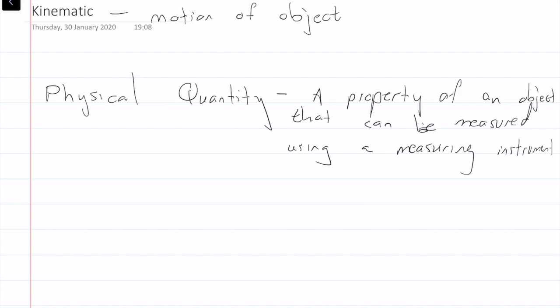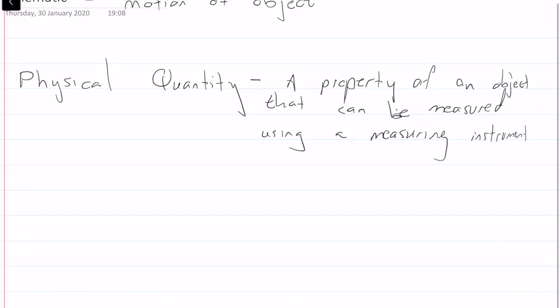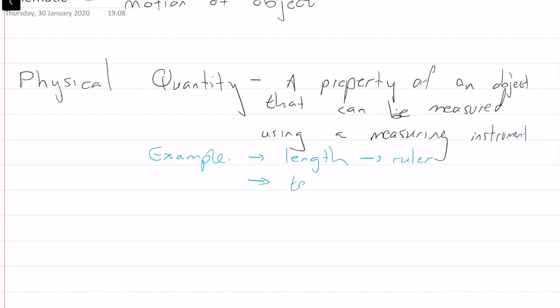So what kind of things are these? Let's think of some examples. Examples of physical quantities: we can say length. How do we measure length? Let's say with a ruler or a tape measure or something like that. Then we can have temperature. How do we measure temperature? Using a thermometer. What else?